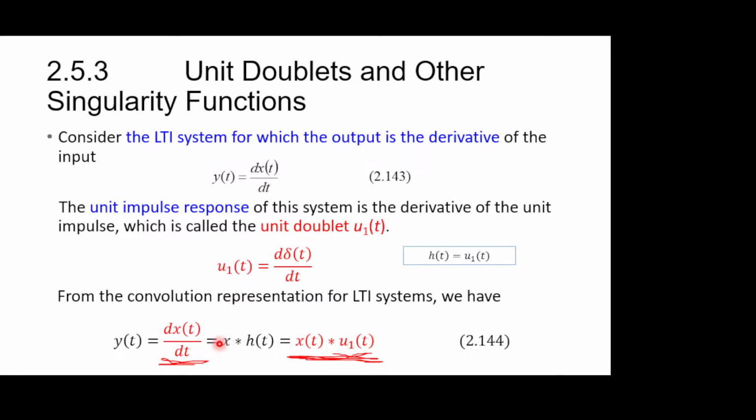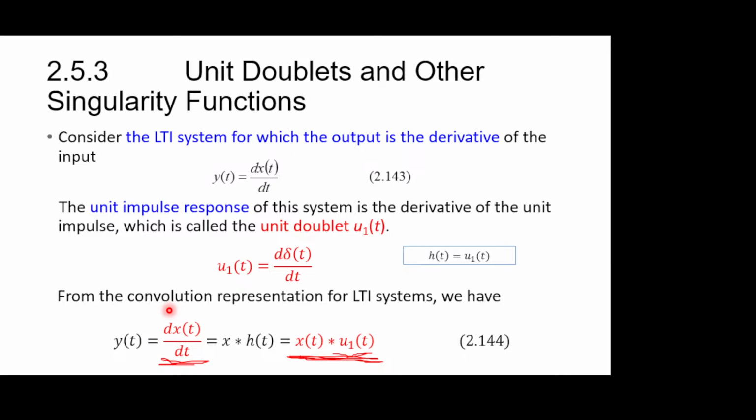So this is just x of t convolved with u1 of t. Then we see that dx over dt should equal x of t convolved with u1 of t, and this should be true for any x of t. So we see that this u1 of t describes differentiation: you convolve it with any function, and it gives you the derivative of your function x of t. Any question from this derivation?